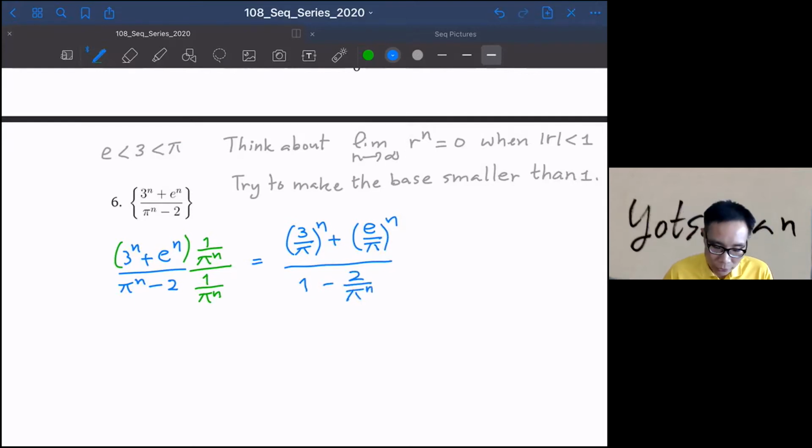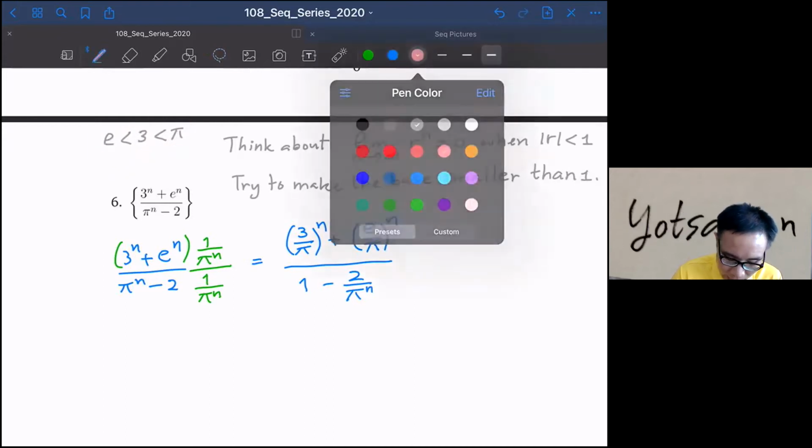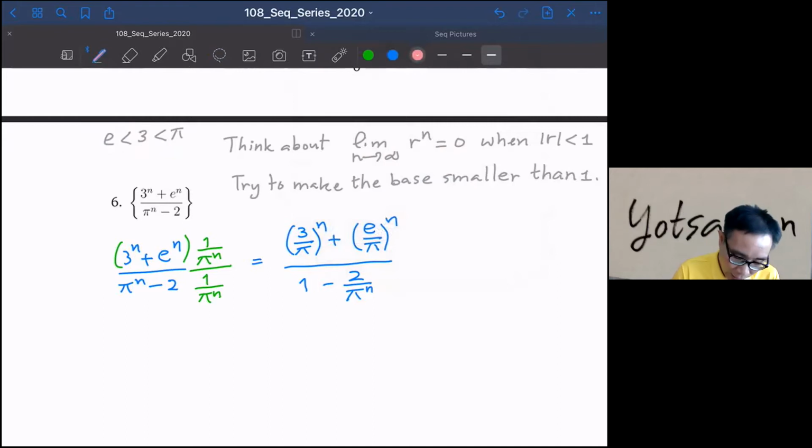Why did I do that? Because I know that pi is the largest, so I divide the whole thing by pi.